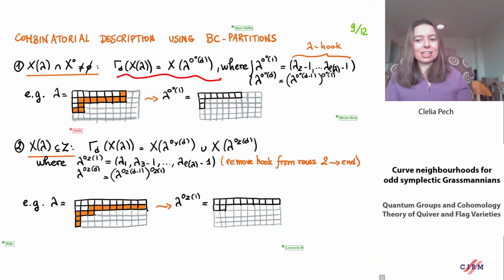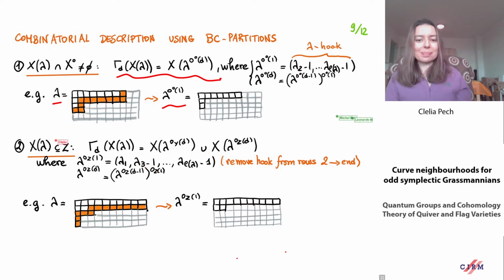Concretely, if I look at my partition lambda, in this example I've put it in the rectangle of the correct size. What this lambda^0(d) tells me to do is to remove a hook. What I mean is that the curve neighborhood of the Schubert variety corresponding to lambda is the Schubert variety corresponding to this partition in which I've removed a full hook.